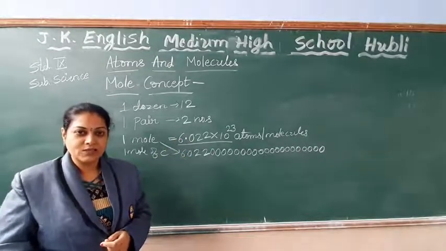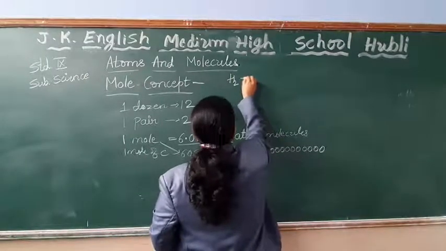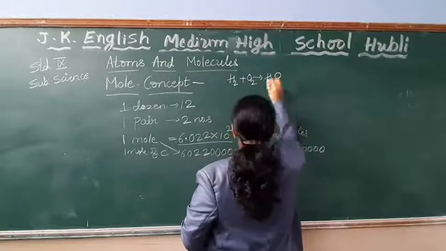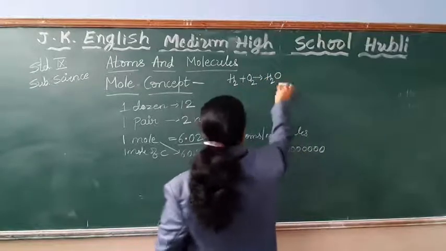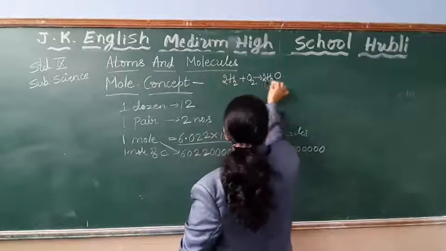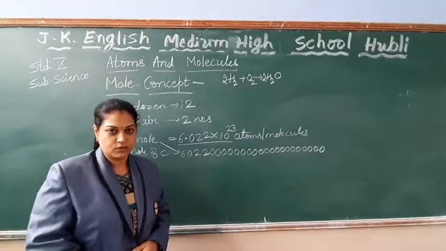Hope you are understanding, students? If I write H2 plus O2 gives H2O, let me balance the equation: 2H2 plus O2 gives 2H2O, so 4 hydrogen and 2 oxygen. This is a chemical reaction.